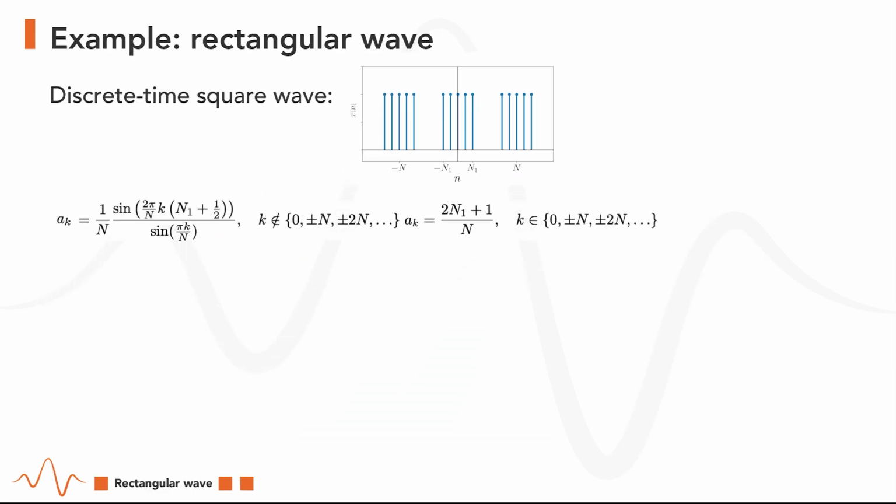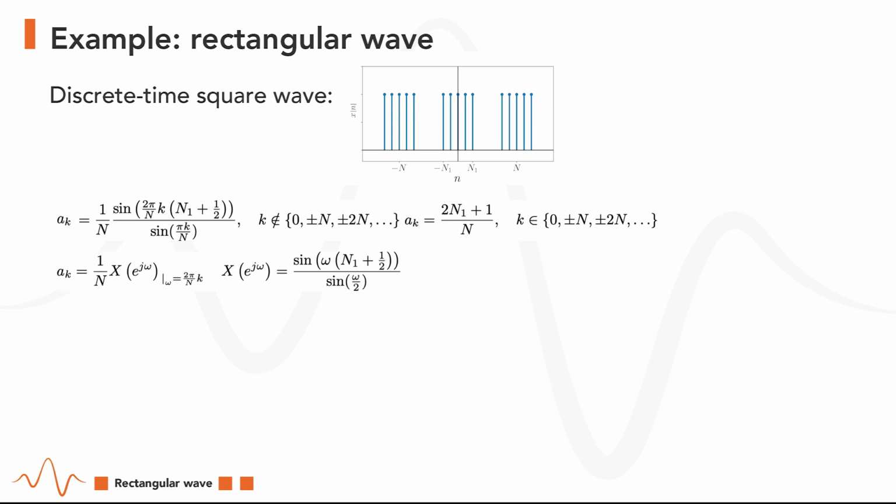Luckily, we have already computed the Fourier coefficients of this periodic signal consisting of the periodic rectangular wave. Thus, we can recycle this example and look at the formulas we obtained for the Fourier coefficients from a different perspective.